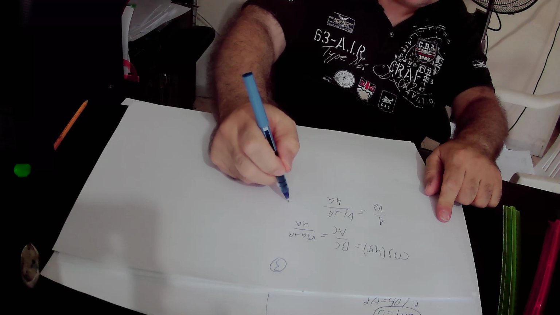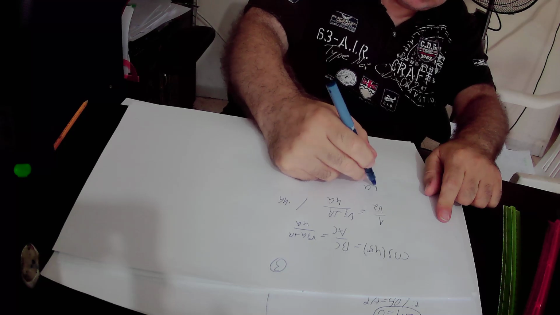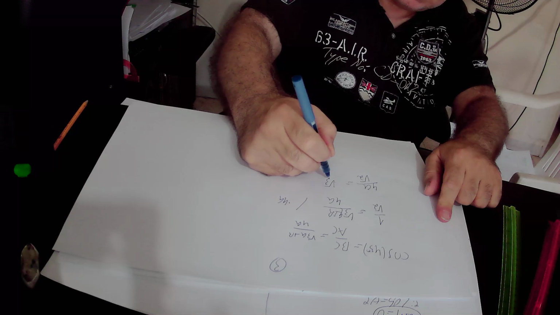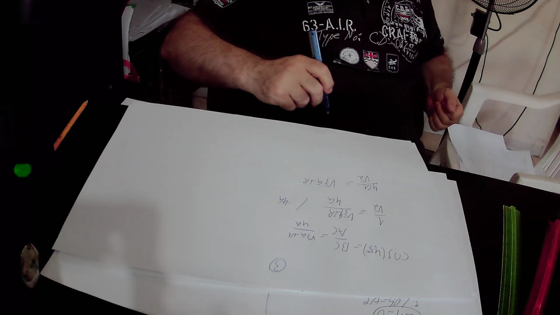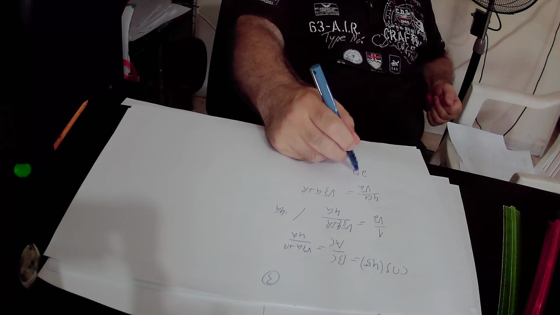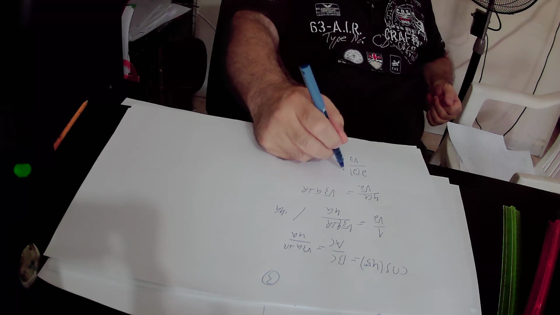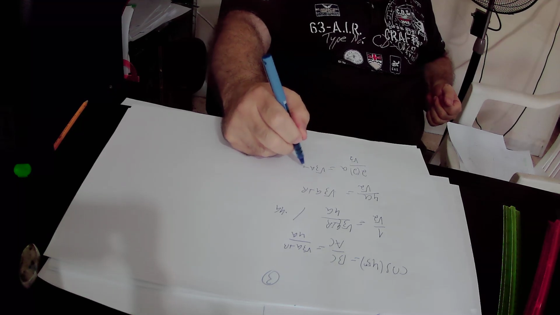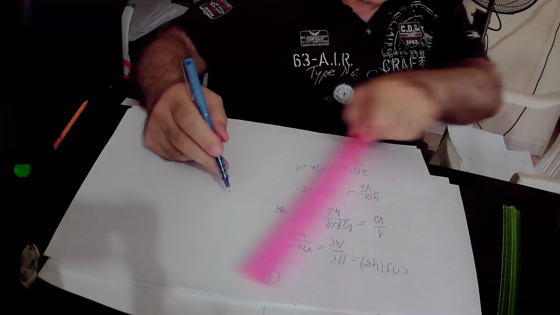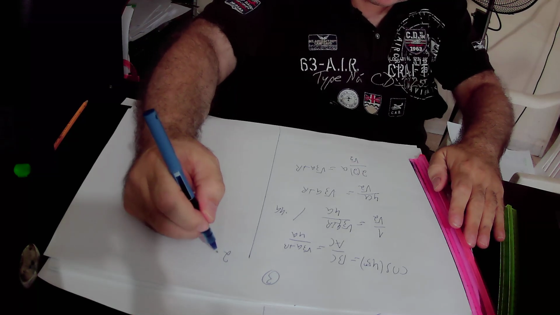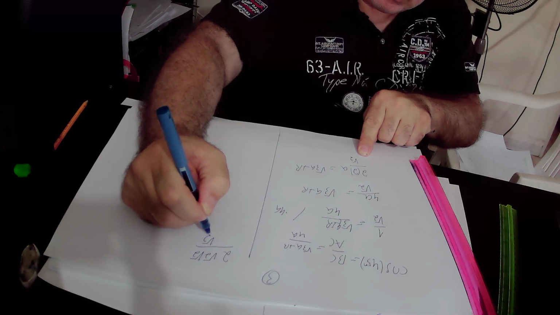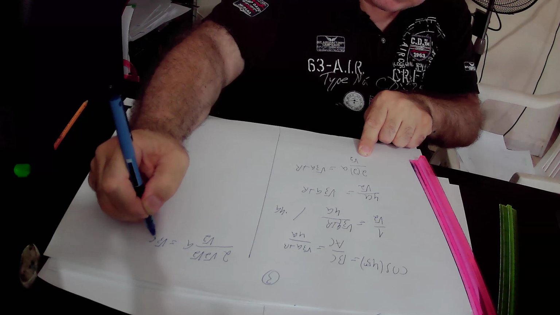Here we multiply this equation by 4A, and we get that 4A over square root of 2 equals square root of 3A plus R. Here we can substitute 4 by 2 times 2, over square root of 2, times A equals square root of 3A plus R. Here we substitute the 2 in the numerator by square root of 2 times square root of 2, and we get that square root of 2 times square root of 2 over square root of 2 times A is equal to square root of 3 times A plus R.